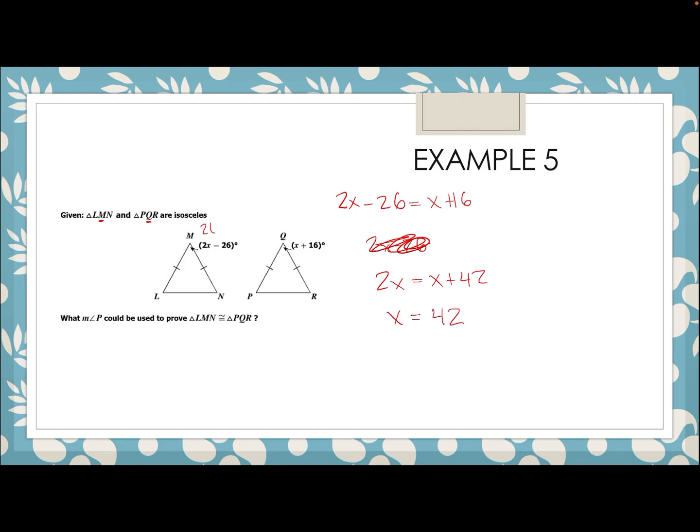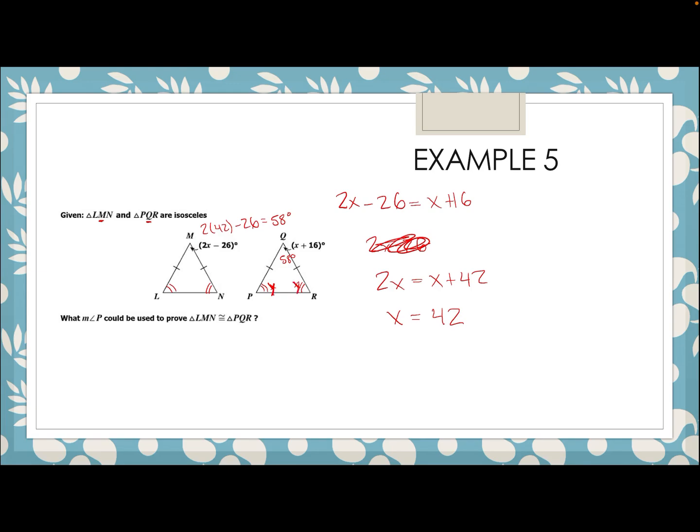So if x is 42, then 2 times 42, which is 84, minus 26 is going to be 58 degrees. And remember, for an isosceles triangle, the base angles are congruent. So that means that if this is x, that angle is also x. We won't call it x since we already used the x.